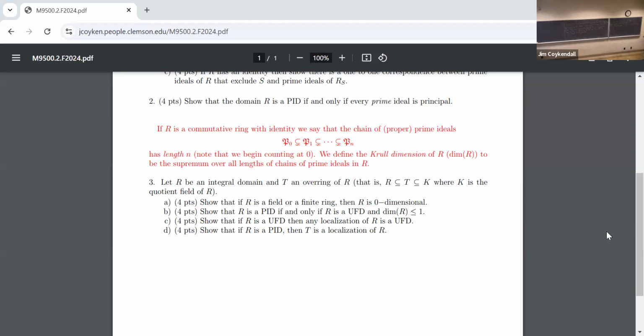So we're looking at the collection of all ideals containing I that are not finitely generated, all proper ideals containing I that are not finitely generated. Notice this is not an empty set.